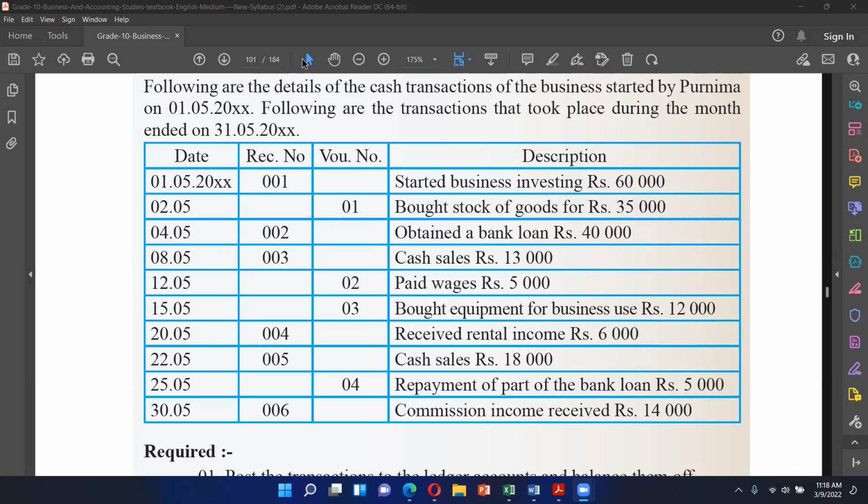You can put your answer in the chat box. Sayuni, what's the double entry for the first transaction? Capital account, credit, cash account, debit. Very good.